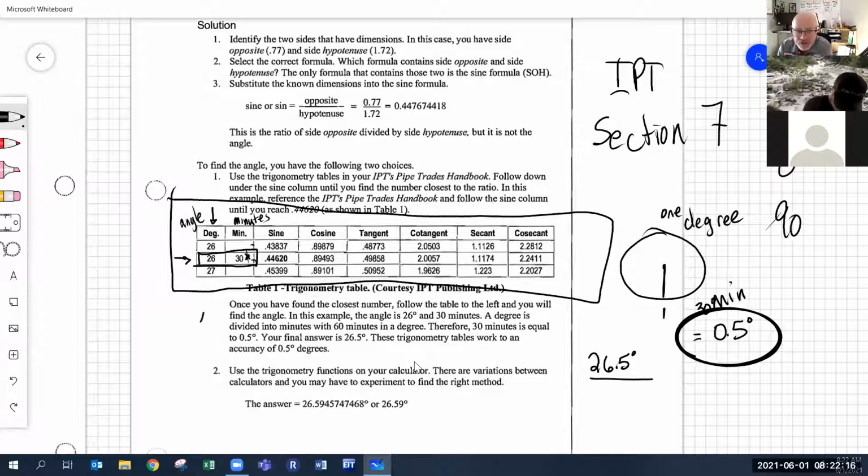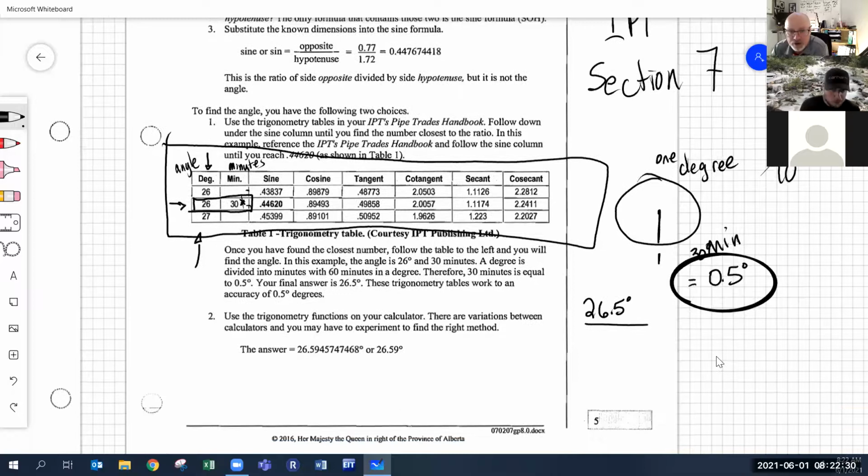It does full degrees and half of a degree, so 0.5. So the explanation is right there in your book about how they do that. A degree is divided into 60 minutes, like on a clock face. So 30 minutes is a half a degree.